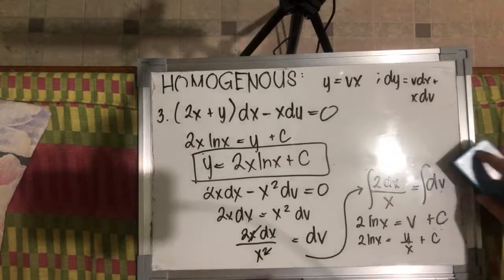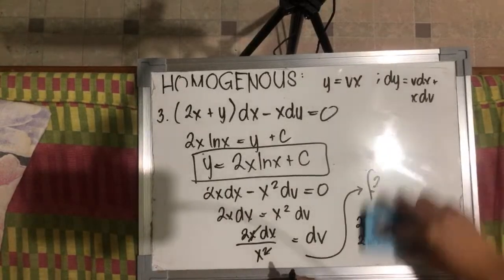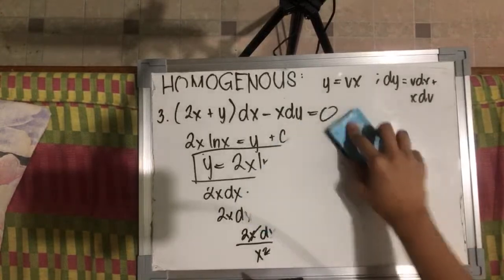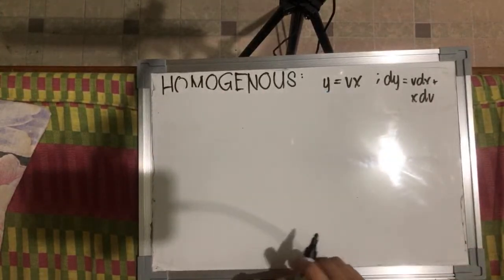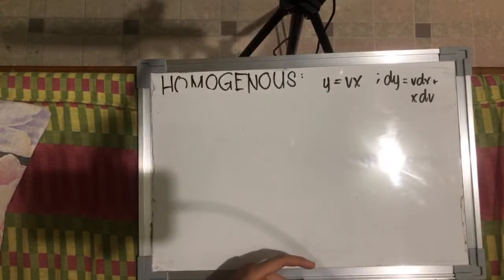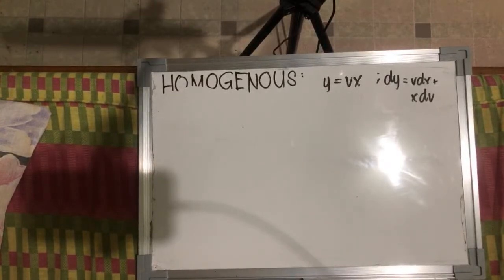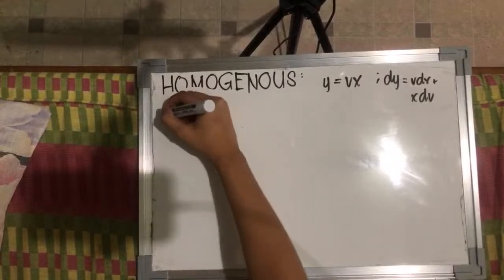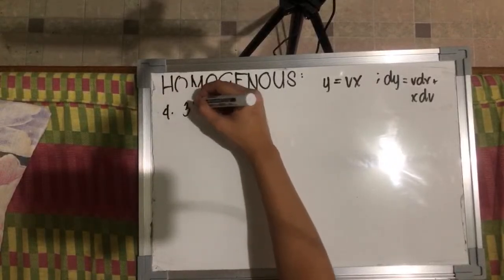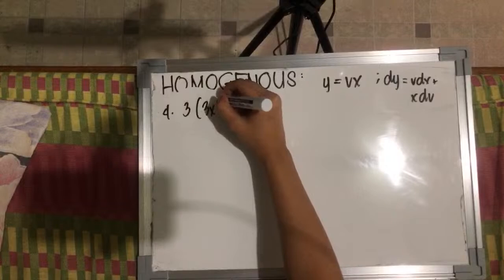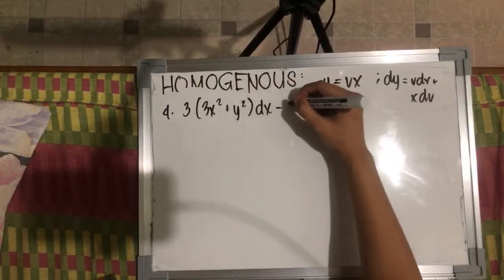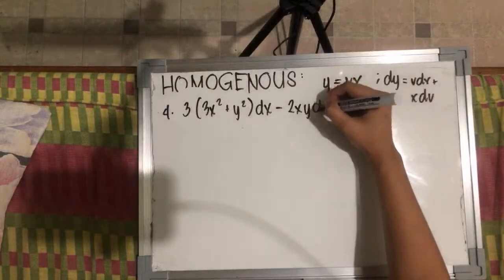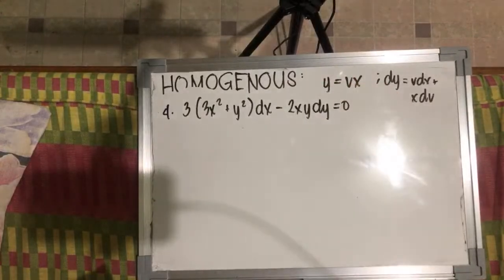So, proceed tayo sa fourth example. Fourth is 3 times 3x squared plus y squared dx minus 2xy dy is equal to 0.